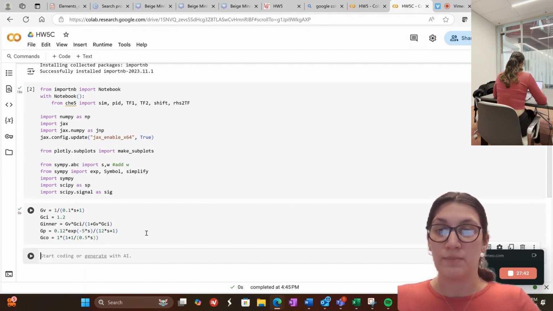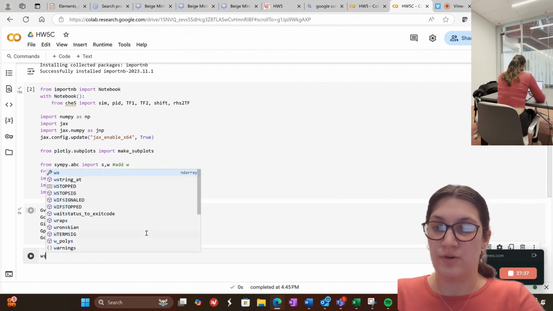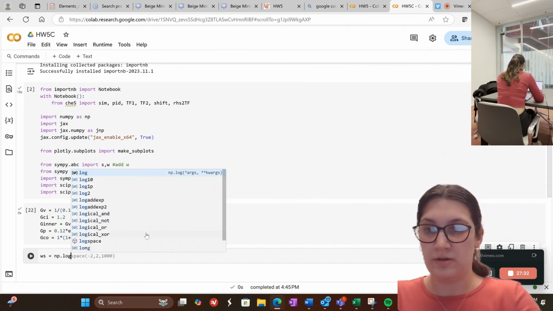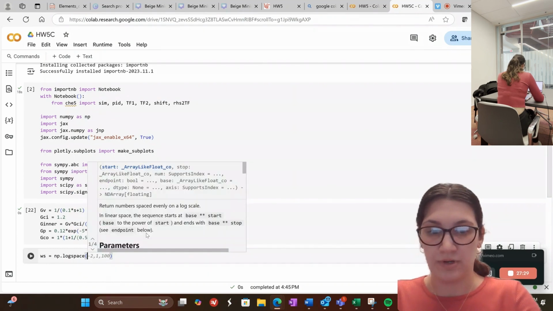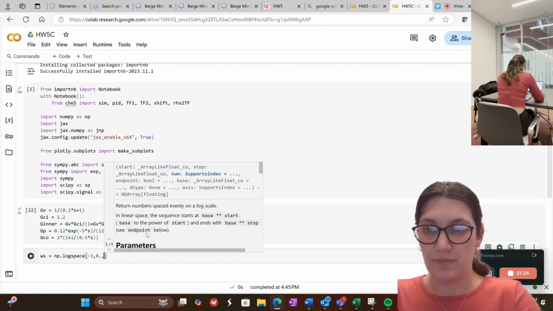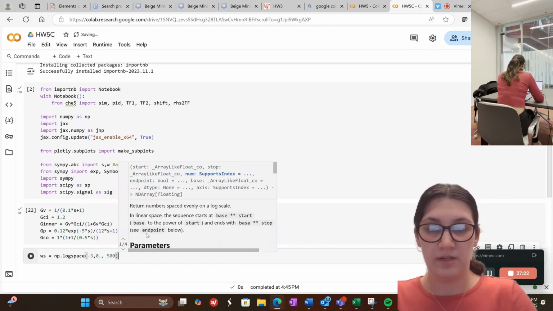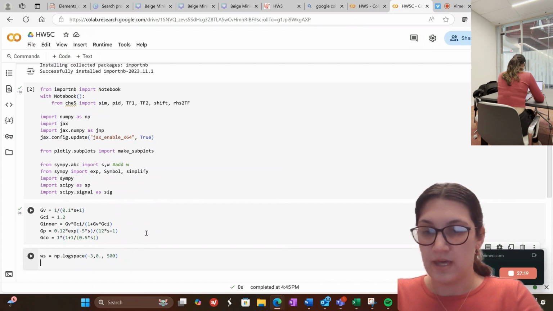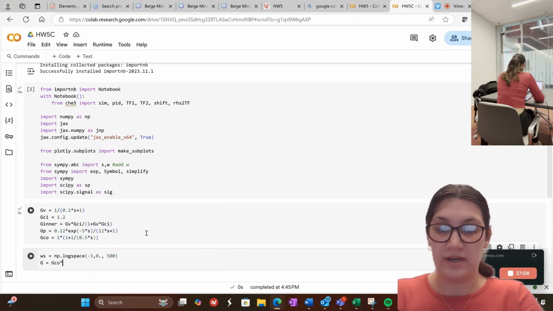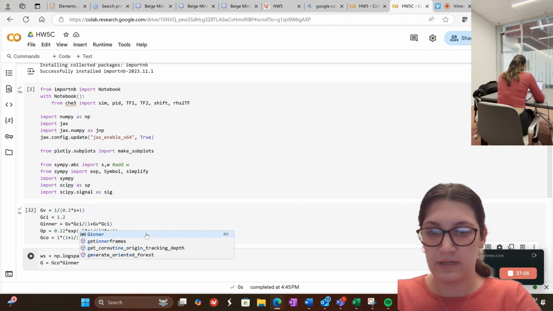All right, now what we want to do is make our Bode diagrams. We're going to go through the same process that we went through in Part B. First we want our omega values, and that was the log on the log scale. So we want to go from -3 to 0, and we want 500 steps. And then our g is going to be everything multiplied across, just the one big function.